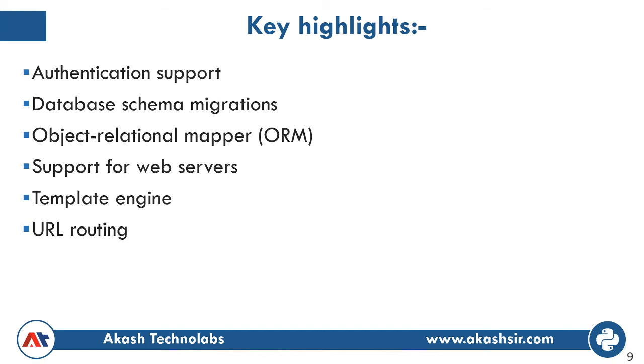And it also supports web servers. And the most important thing is the template engine. In Python, we know very well we have to concat the HTML file, but in Django, we have a template engine. And one more thing, URL routing. You know very well, whenever we are creating a website, at that time we have to specify the URLs, right?